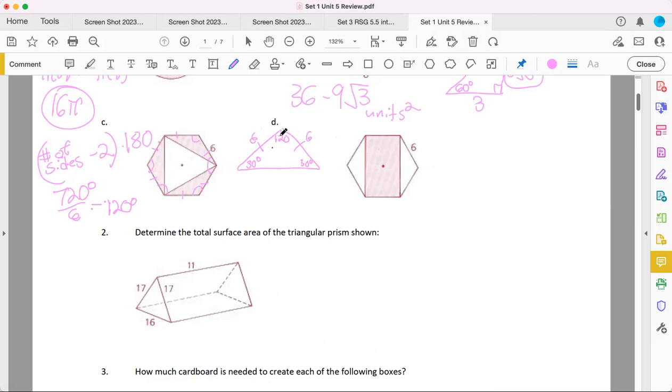Because you know that if you cut this in half, what kind of triangle is now being created? Sure, 30, 60, 90, where you know that your hypotenuse is 6. So across from 30, that's half. And you know that across from 60, that's now 3 root 3.